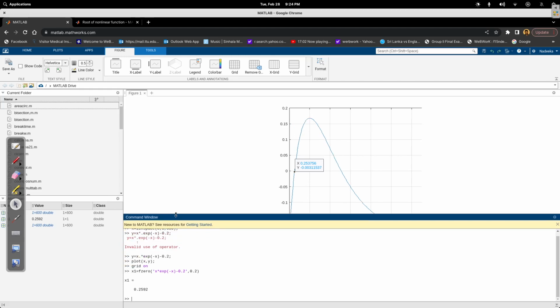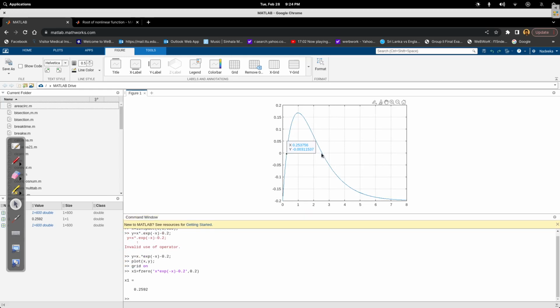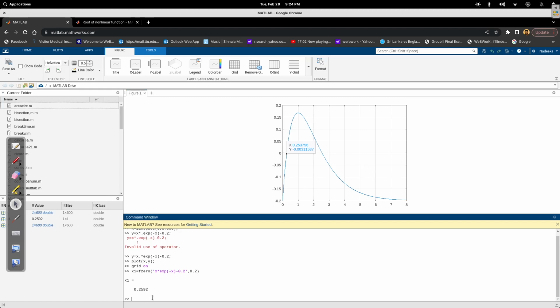If I want to find the other root I need to give some value close to that.